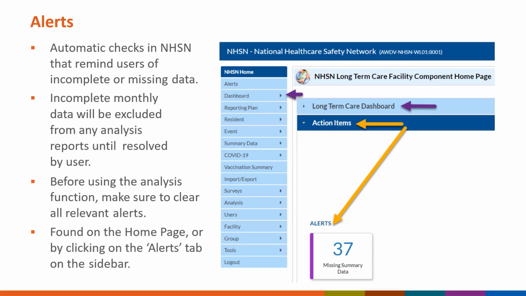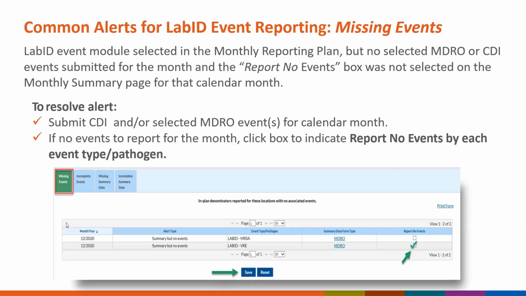For example, a user may click on the individual alert box or click Alerts from the left navigation bar. One example: a LabID event module was selected for the monthly reporting plan, but no selected MDRO or CDI event was submitted for the month, and the Report No Events box was not selected on the summary reporting page for that calendar month.